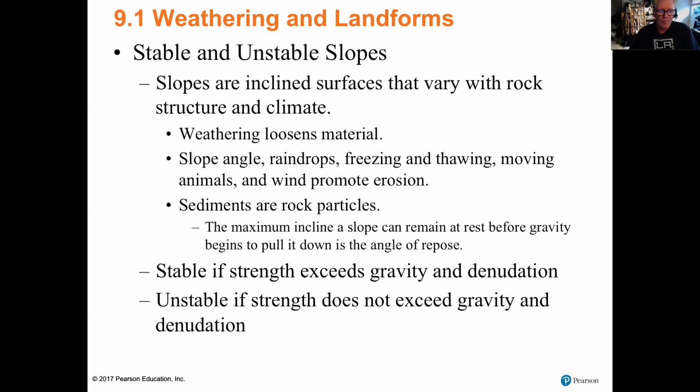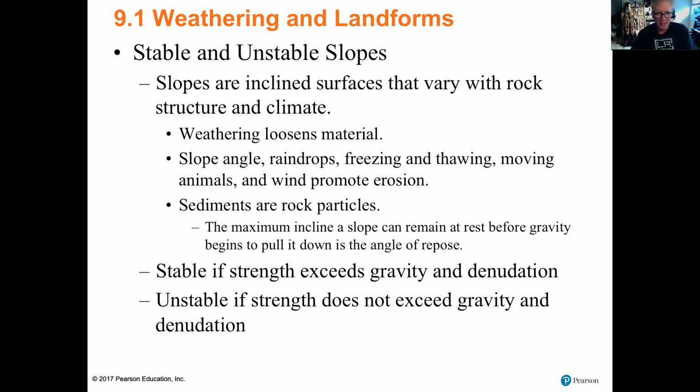So in terms of weathering and mass movement, a lot of this has to do with slopes, and slopes are either stable or they're unstable. Now remember, slopes are inclined. Okay, if you can kind of see my hand there, they're inclined, and they're under the effect of the structure of the rock, the climate, the angle of the incline, and over time, the weathering loosens the material.